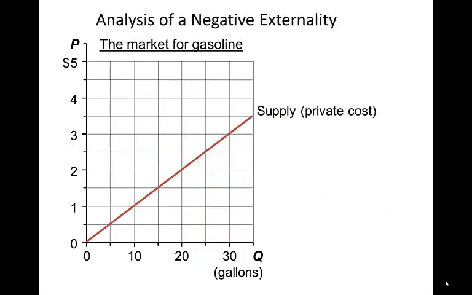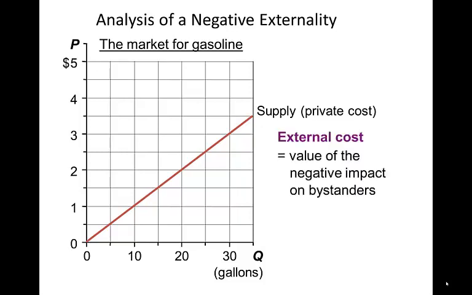But there's a problem with this situation, and it's what I mentioned earlier. I go purchase gasoline, and there's a cost to the gas station of producing and selling that gasoline. But there's also an additional cost that is borne by society.